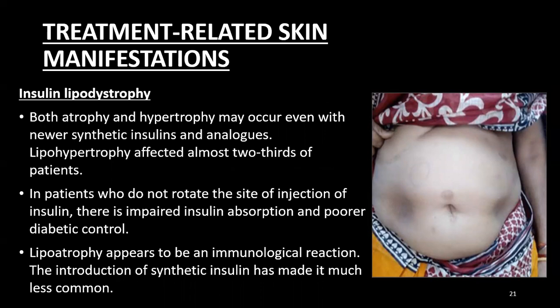Both atrophy and hypertrophy occur even with newer synthetic insulins and their analogs. Lipohypertrophy affects almost two thirds of patients. In patients who do not rotate the site of injection of insulin, there is impaired insulin absorption and poorer diabetes control. So, lipoatrophy appears to be an immunologically related reaction, and the introduction of synthetic insulin has made this effect much less common.